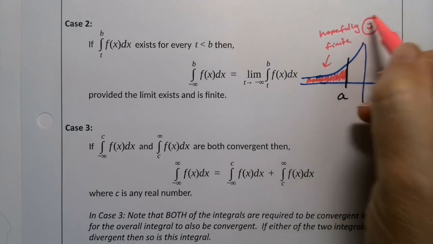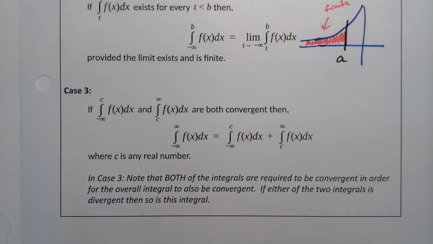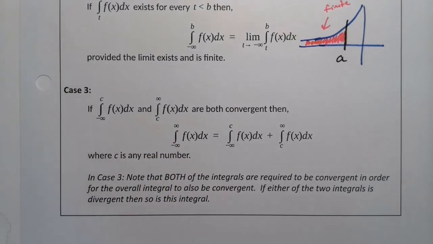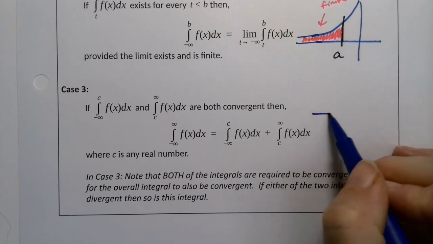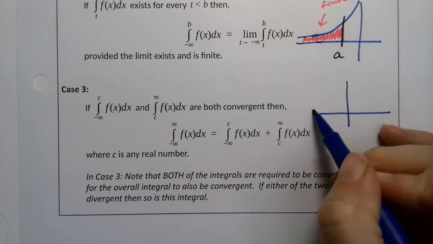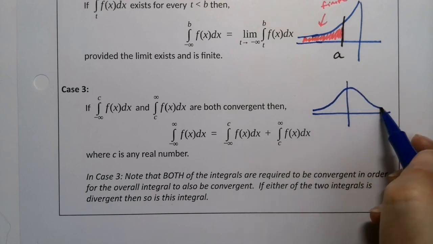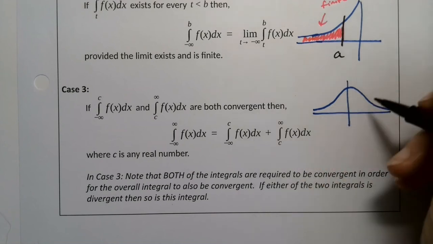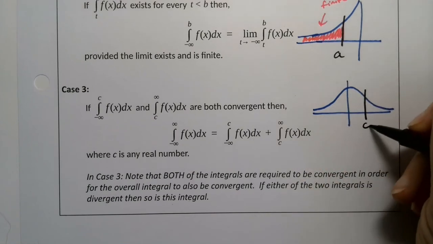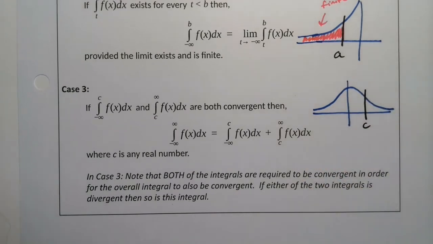Okay, so then what I also could do is, I said the pièce de résistance, doing negative infinity to infinity. Now, when that happens, what you'll have to do is split it at some constant. So let me just make up an example here. I have this curve, goes like that. And what you'll do is you'll split it at some value. It doesn't really matter what value. It could be positive, it could be negative, it could be 0. 0 is actually a very common one.